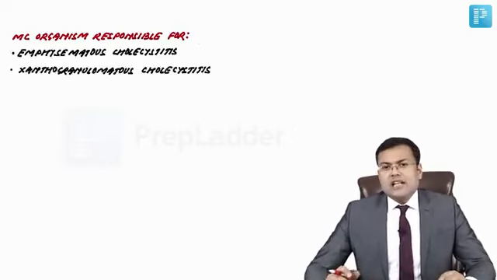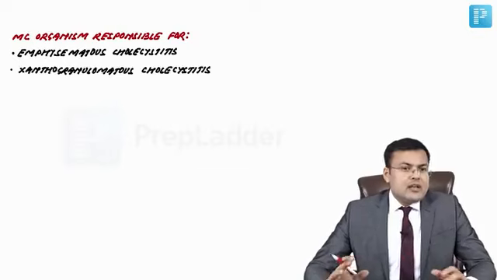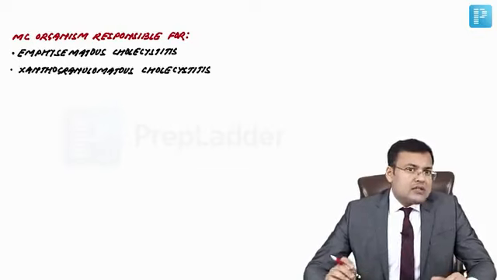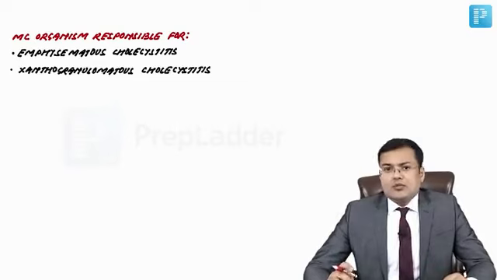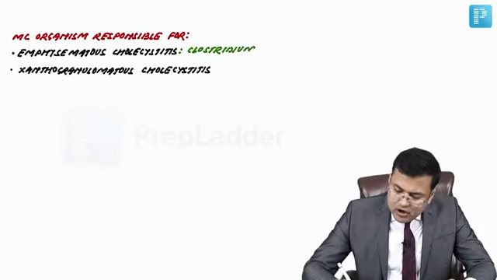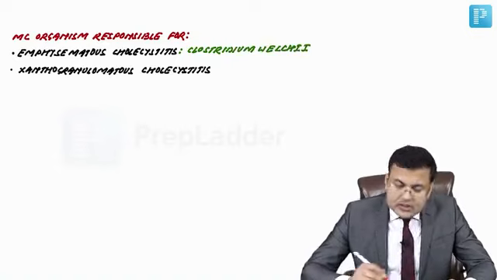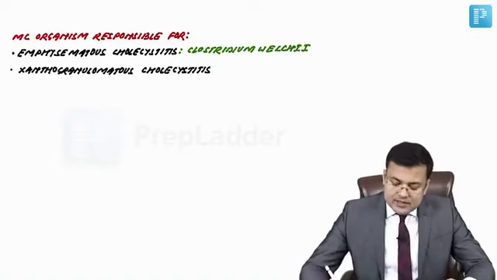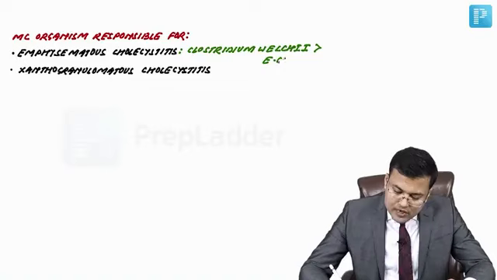In both pathology as well as in surgery, this question is asked: what is the most common organism responsible for emphysematous cholecystitis? And this is Clostridium welchii or Clostridium perfringens, followed by E. coli.